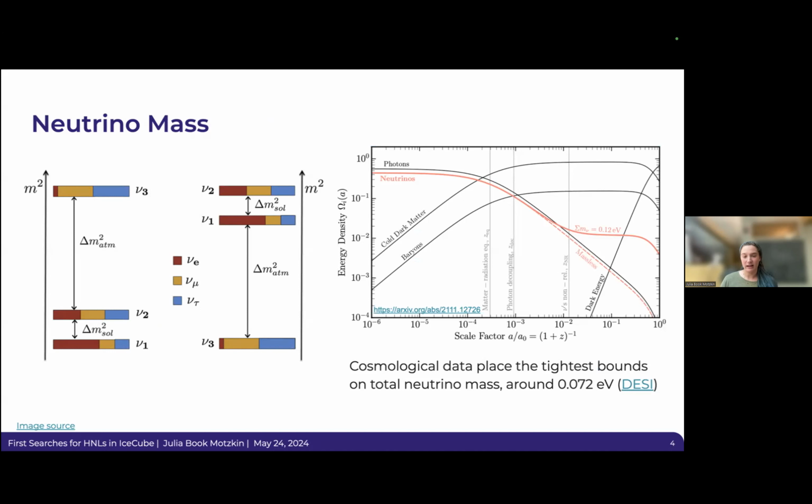Our most recent data from the DESI experiment actually use cosmological data, usually based on Big Bang nucleosynthesis, to place bounds on the sum of the 3 neutrino masses of about 0.07 eV, so 1,000,000 times smaller than the mass of the electron.